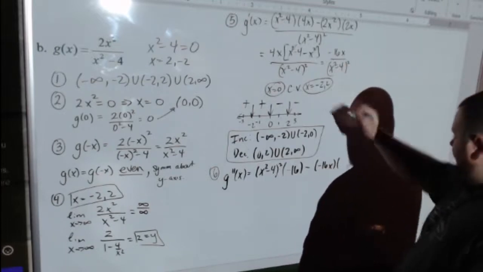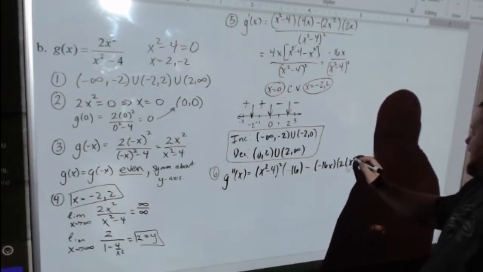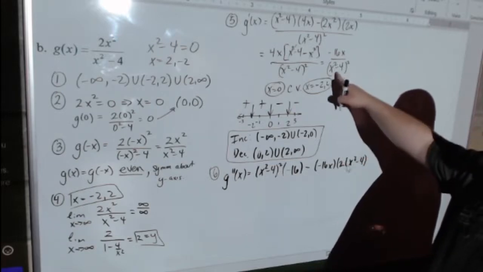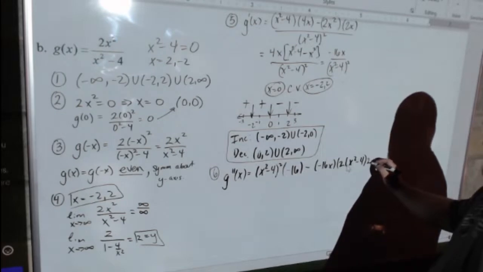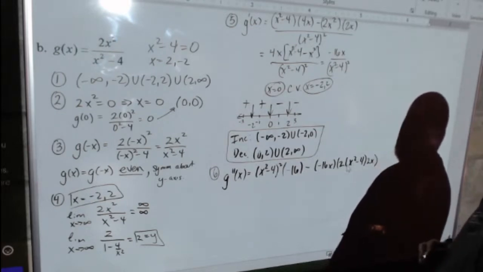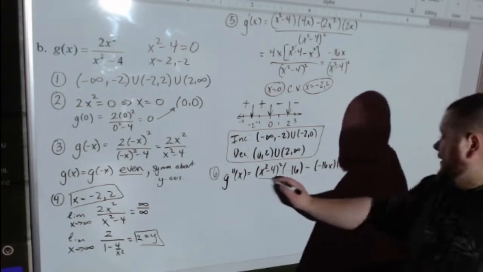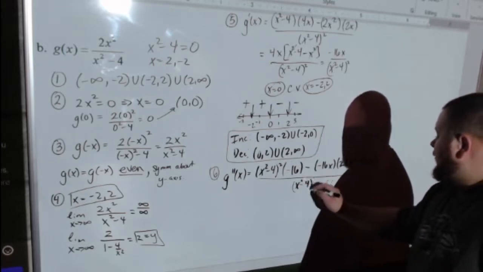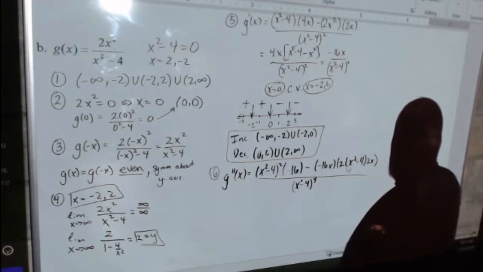So I bring the 2 down. I leave the x squared minus 4 alone to the first. And the derivative of x squared minus 4 is 2x. All divided by x squared minus 4 now to the 4th power.